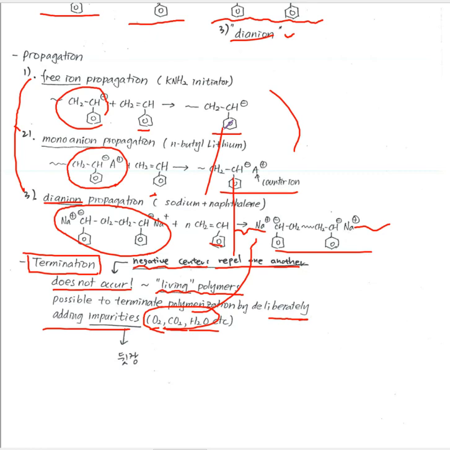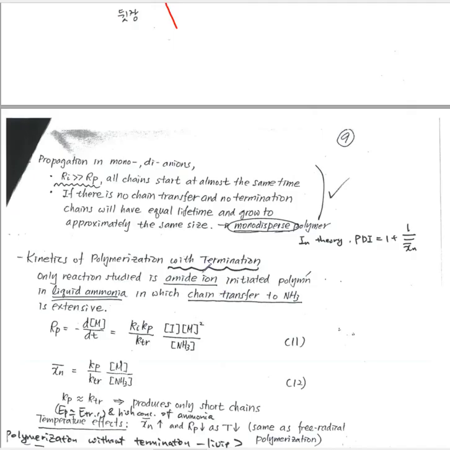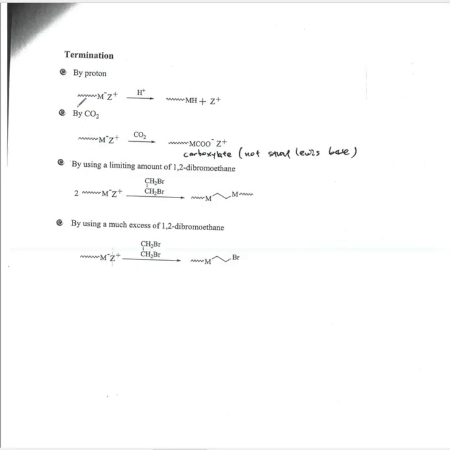Then these impurities react with these anions and can kill the polymerization reaction. Let's see the next pages for examples of termination by impurities. As you see here, these anionic chains can stop the polymerization by reacting with proton, carbon dioxide, or dibromomethane, in excess amount or limiting amount.